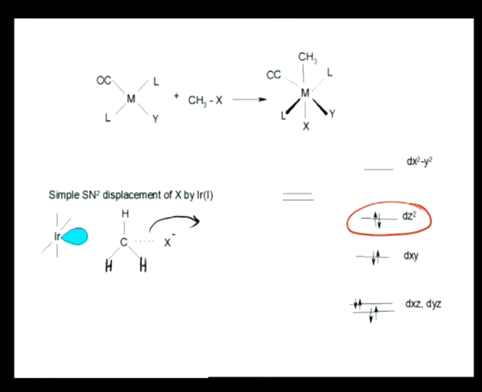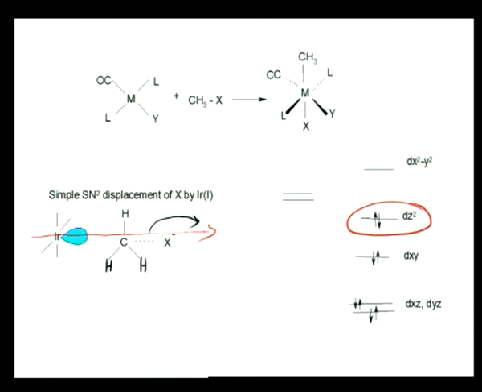So, if you turn the square planar complex in such a way that you have the z axis in along here, then you can see that the dz squared will be pointed towards the methyl group, and this will in fact result in a pentacoordinated structure at the iridium, and if you consider the X minus also, a TBP geometry at the methyl halide.